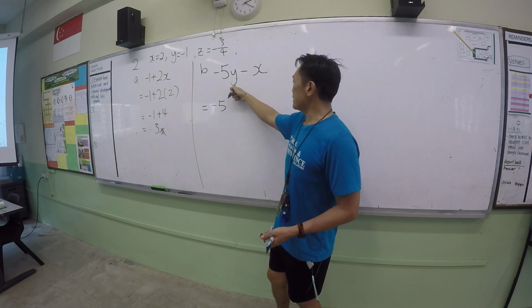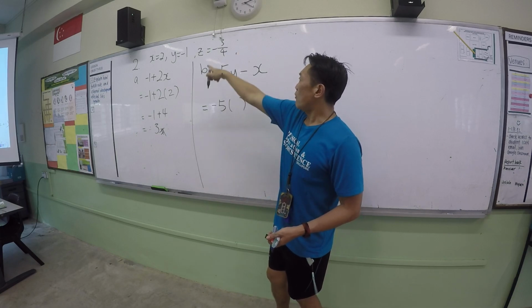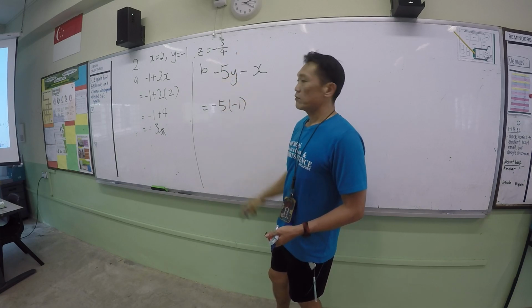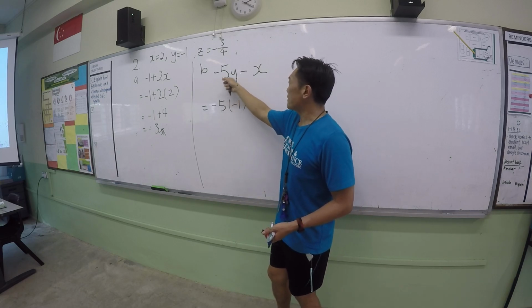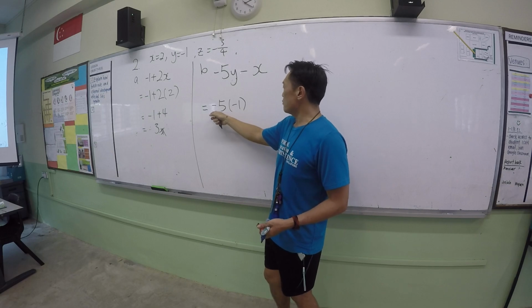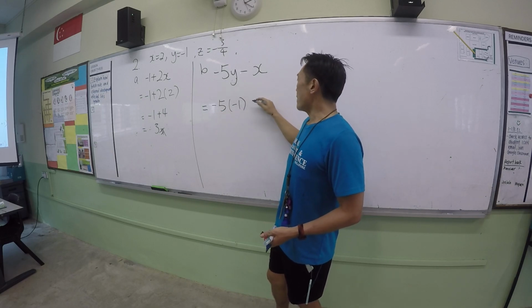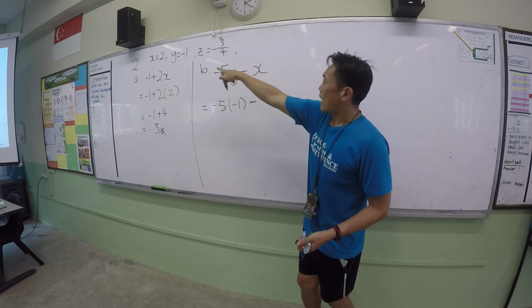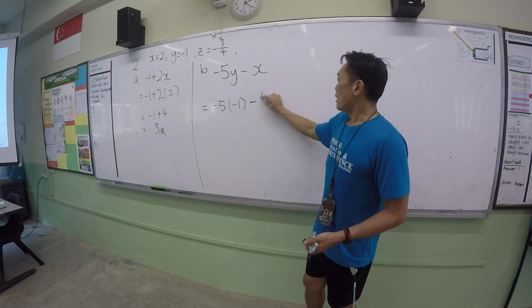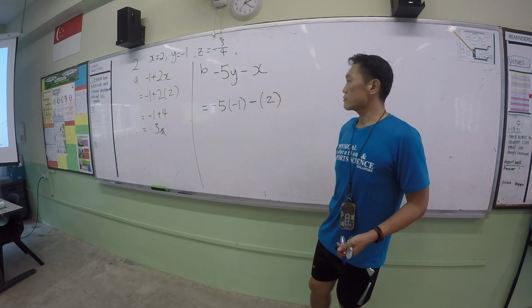I am replacing y. So I replace y with a bracket. Y is -1. What this means is -5 times y, so it's still -5 times bracket. Then minus, no change. X, I want to substitute with a 2. I replace x with a bracket, then put the 2 inside.